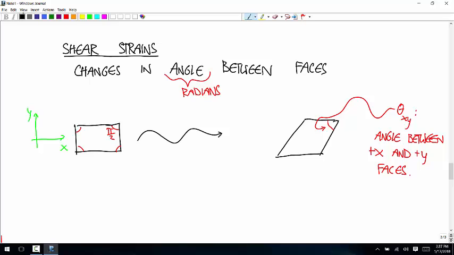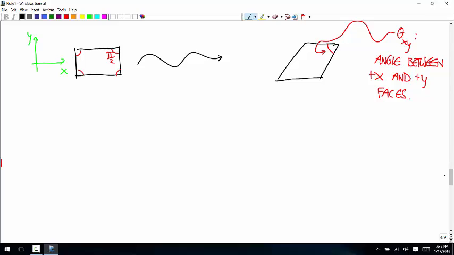So then, based on that definition of theta xy, there's also a theta xz and a theta yz. The shear strain, and I'm going to use the Greek letter gamma for that. Gamma xy is equal to pi over 2 minus theta xy.